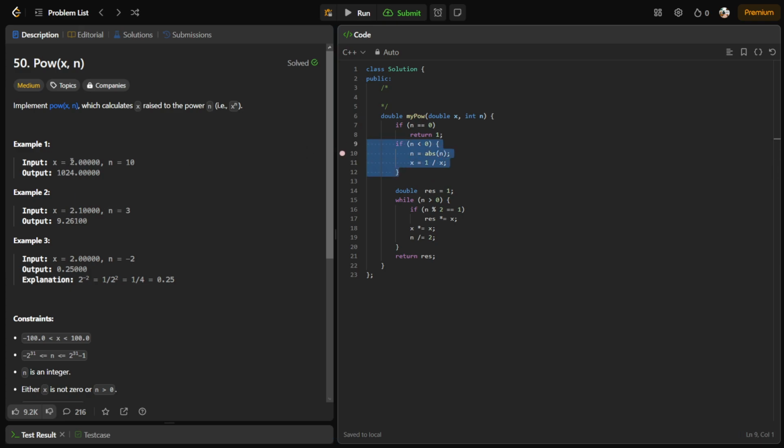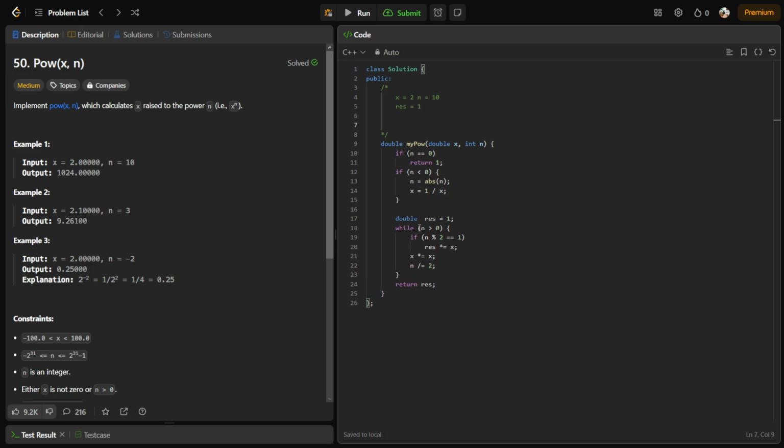Let's take a look at what happens if x is 2 and n is 10. So we have the result, which is a double, starts off at 1. So while n is more than 0, which it is, right, n is 10, so here we check whether or not n is an odd number, right? Since it's not an odd number, this if statement will not run.